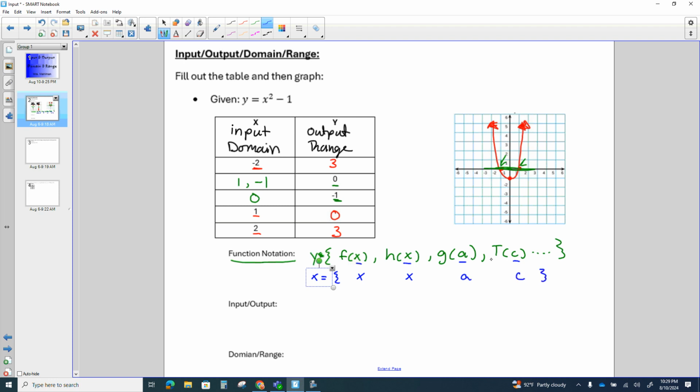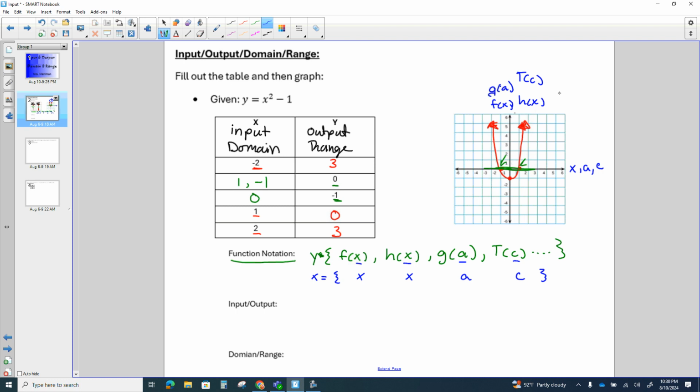Either way, all they're doing is just labeling this differently. Instead of calling it x, they might call it a, or they might call it c. And up here, they might call this f of x, the h of x, the g of a, or the t of c, based on whatever the story problem needs.